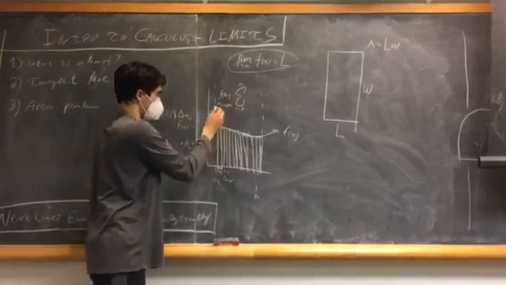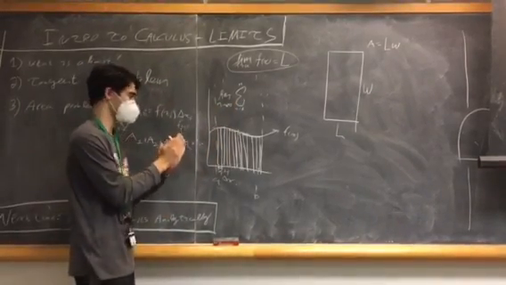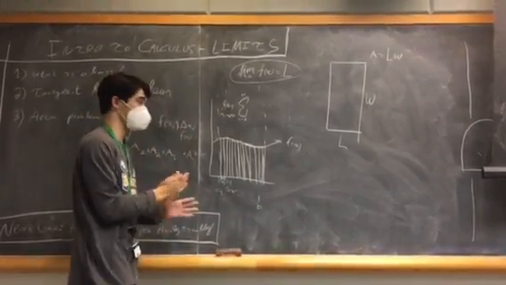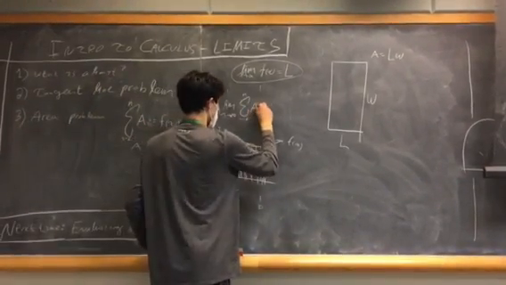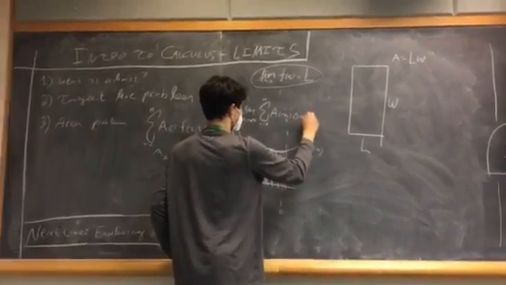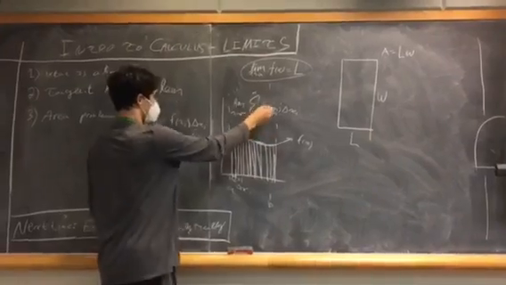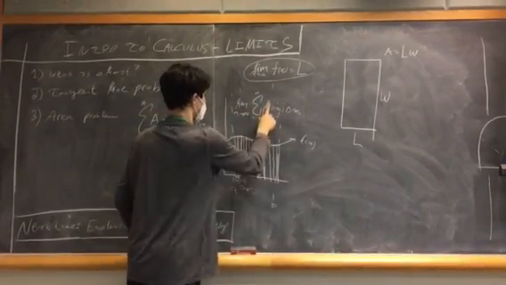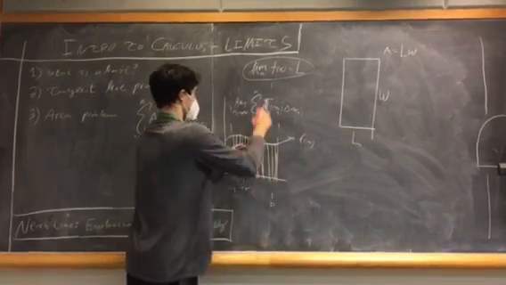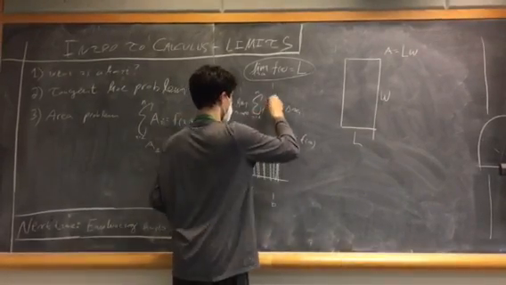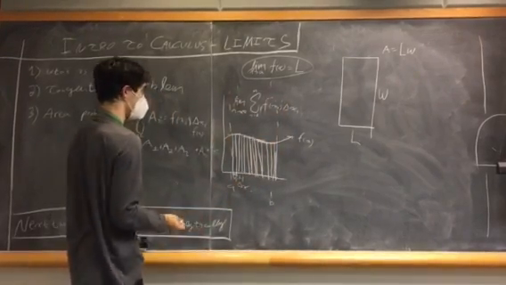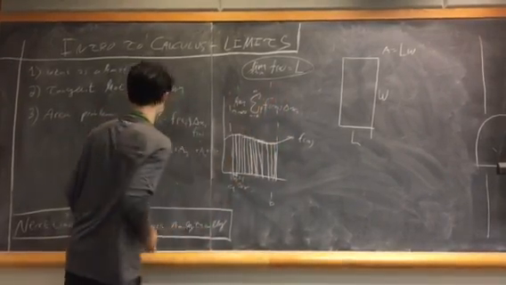So as we keep drawing the rectangles smaller and smaller, we get less and less error between each one. This here should be an F, not an A. Sorry about that. But this here is just our equation for the area.